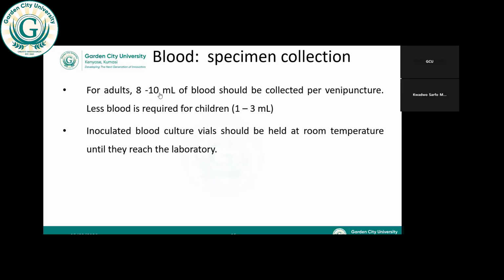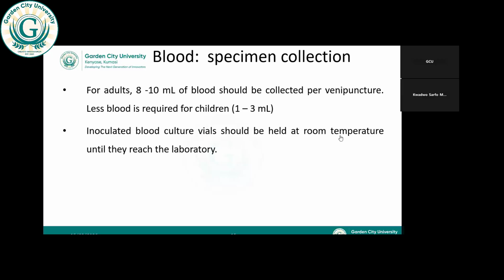That one you are required to take between this range. But if it's for adults, we don't expect you to go and take the specimen from the adult into the pedic bottle. We usually see this happening. Or you take sample or specimen from the child into adult bottle. It's not encouraged. We have to use the right bottle if it's for children and then for adults.